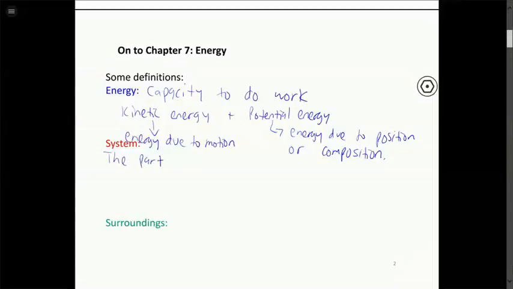If we studied the energy change for the entire universe, it would always be zero, according to the first law of thermodynamics. But if we want to study a chemical reaction, we have to define some part of the universe that we're going to focus on.